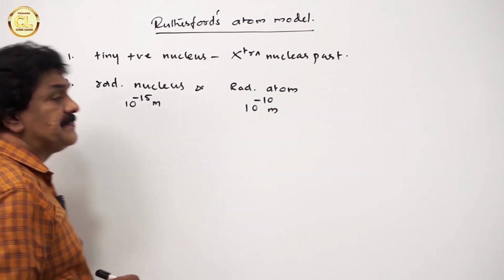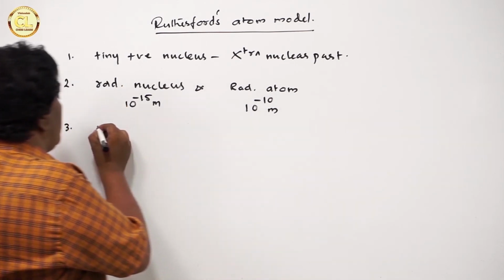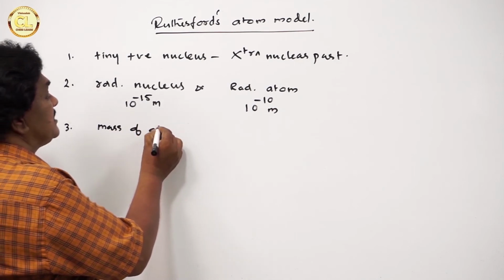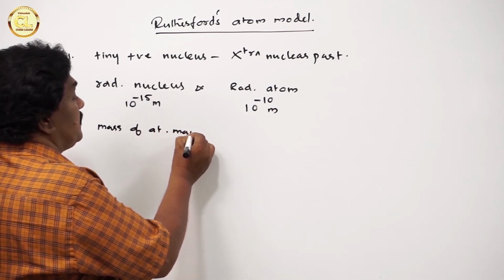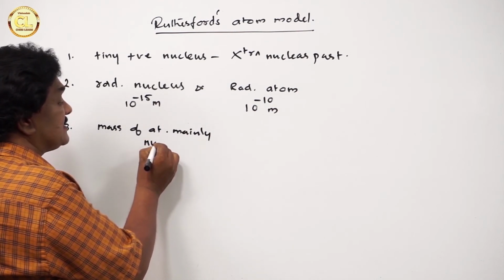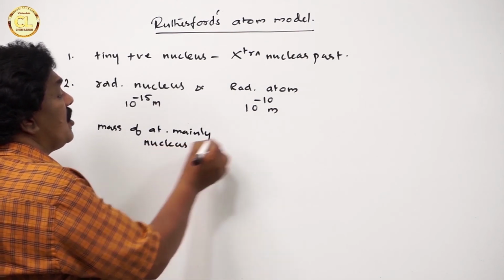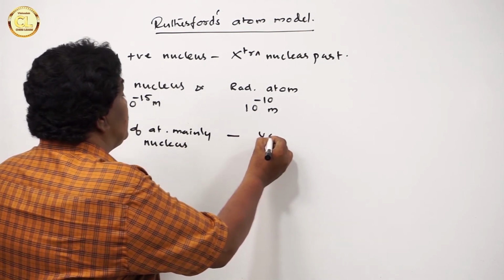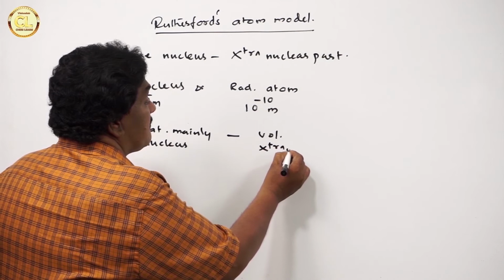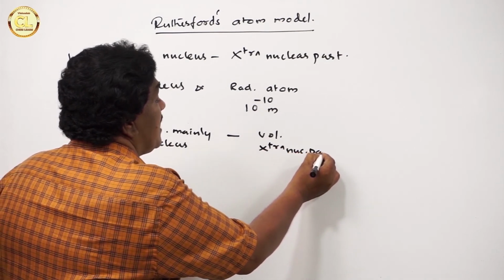Third point, mass of the atom is mainly due to the nucleus, and volume of the atom is mainly due to the extranuclear part.